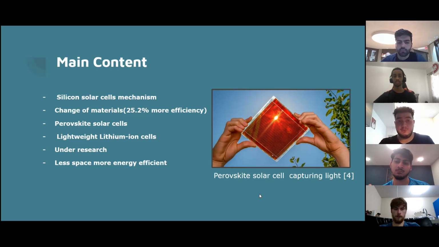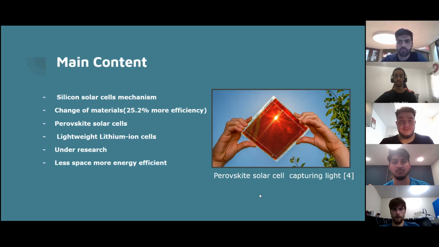And there are two ways to make it more efficient: one of them is the material that we use, and the second one is the storage. For the material, as my friend said, the perovskite materials can be 25.2% efficient, more than silicon. But since it's under research, we also need to use less storage, so we can put more panels in any space that potential users are going to use.